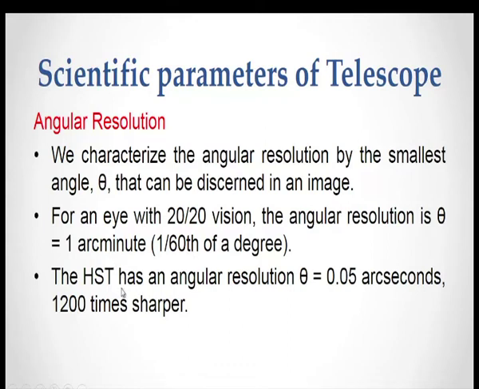If you want a sharper image, the angular resolution should be very small, in the order of 0.05 arc second. If you reduce the angular resolution further, you can get an even sharper image.